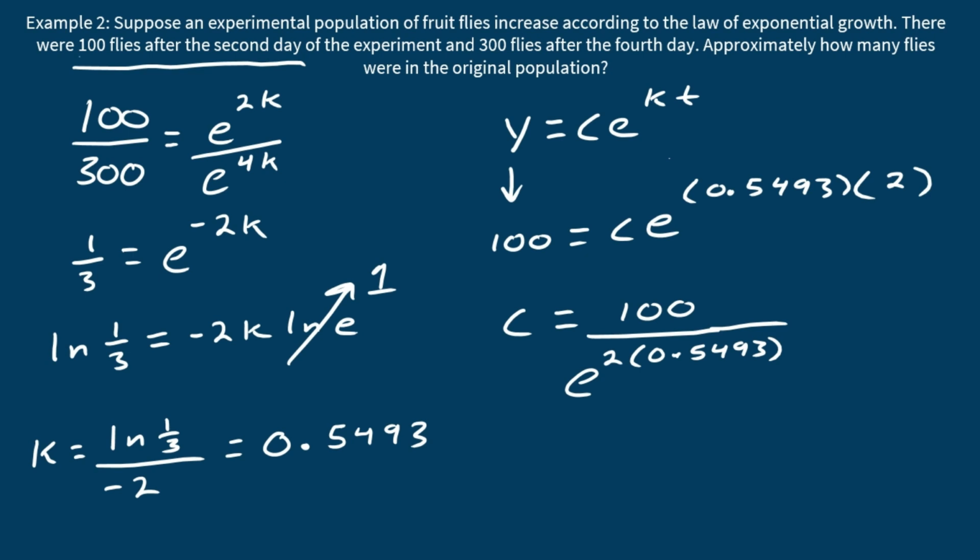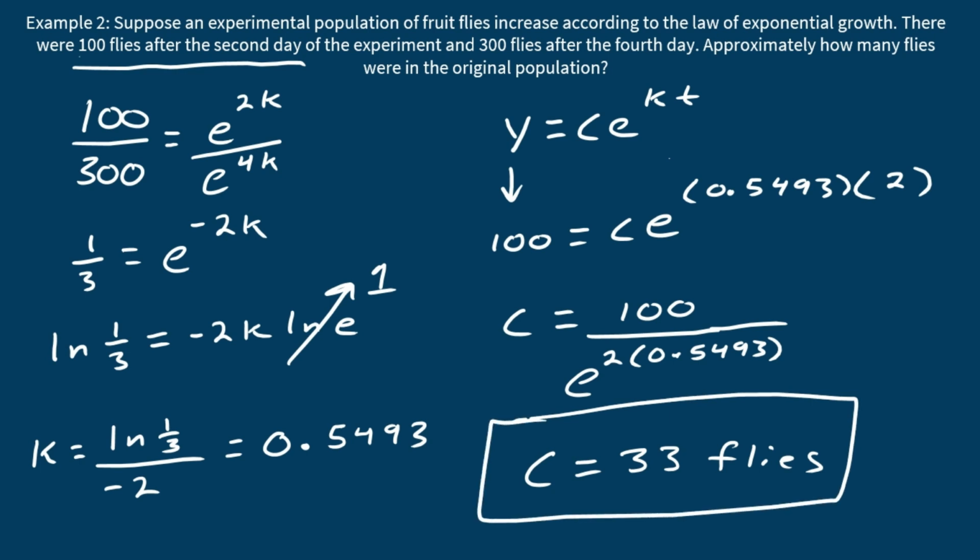And now, when you go ahead and type this into your calculator, what you'll get is that c is going to be equal to 33 flies. So the original population of flies in this experiment is 33. This is going to be our final answer.